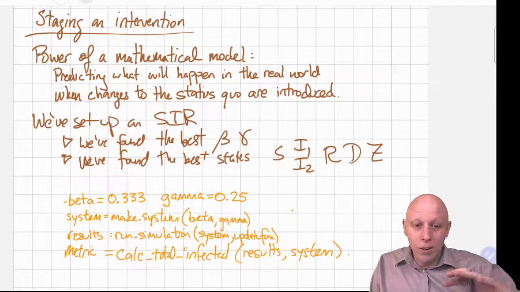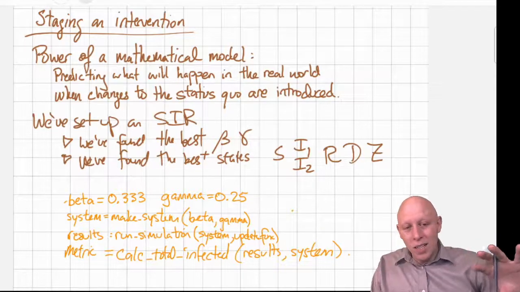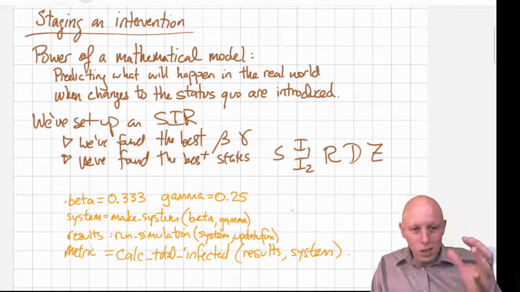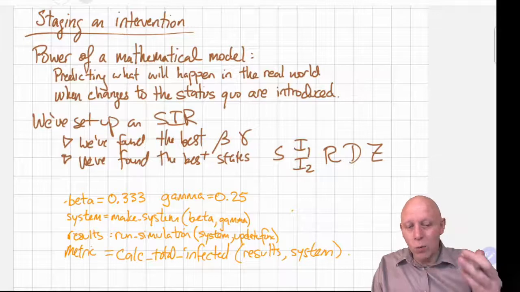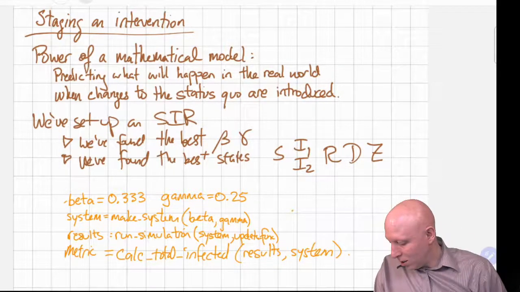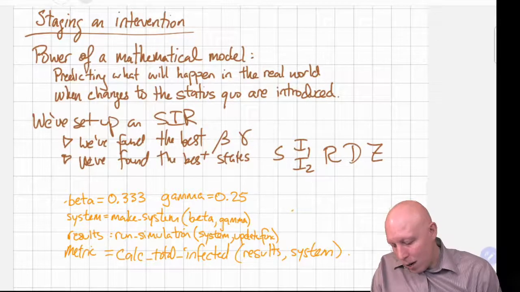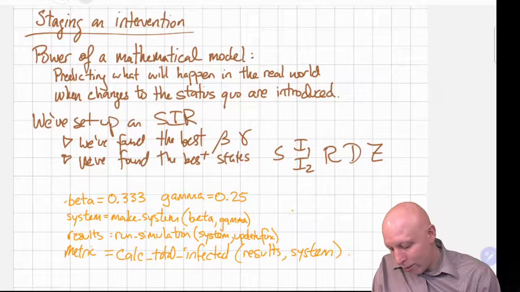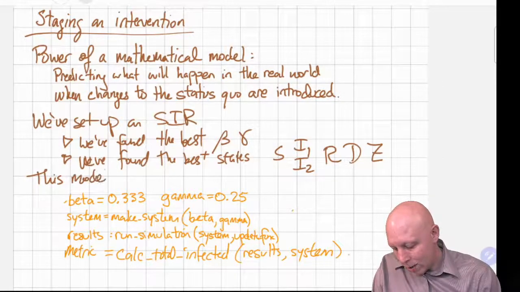You found the best way to represent the whole way in which the disease spreads throughout the population. And we're at a point where we've found that this model now describes the situation well.